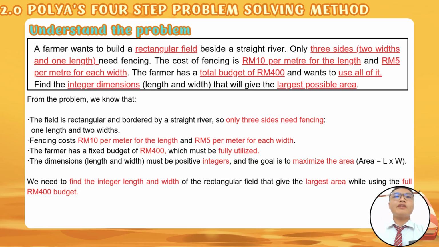The farmer has a fixed budget of 400 ringgit, which must be fully utilized. The dimensions, length and width, must be positive integers. The goal is to maximize the area. We need to find the integer length and width of the rectangular field that give the largest area while using the full 400 ringgit budget.